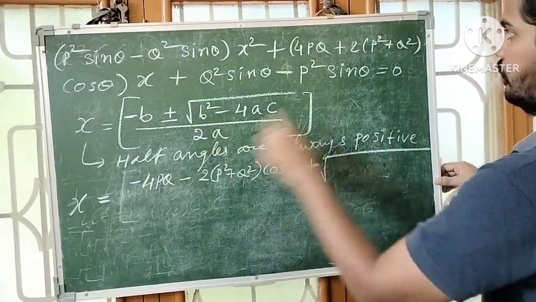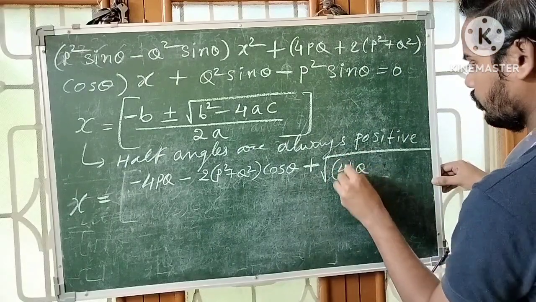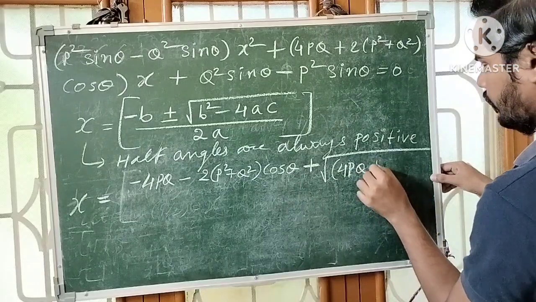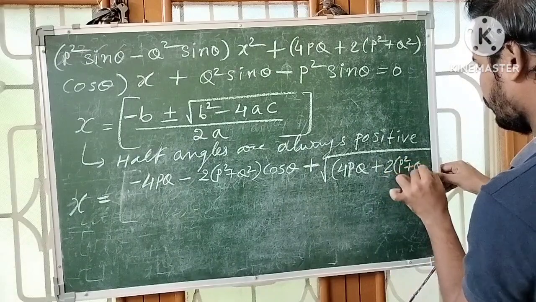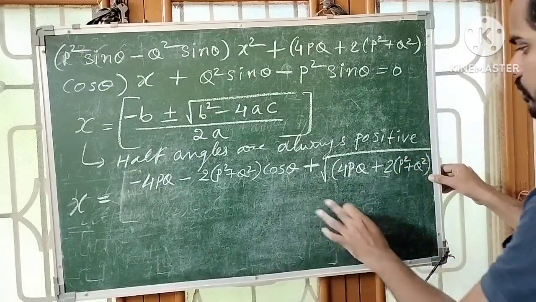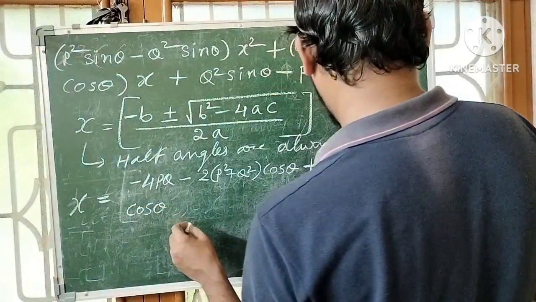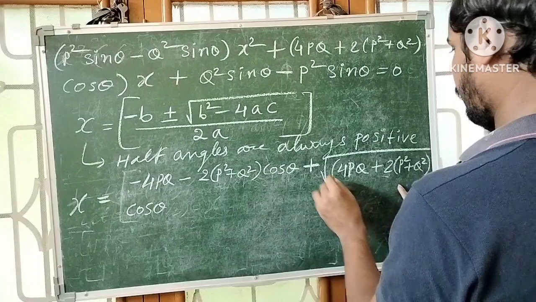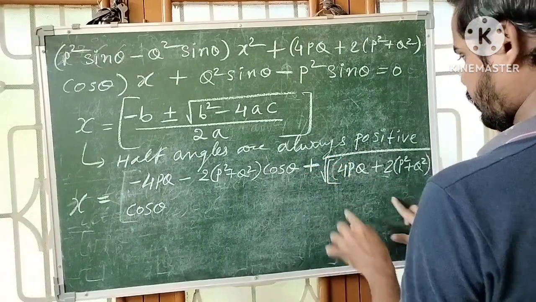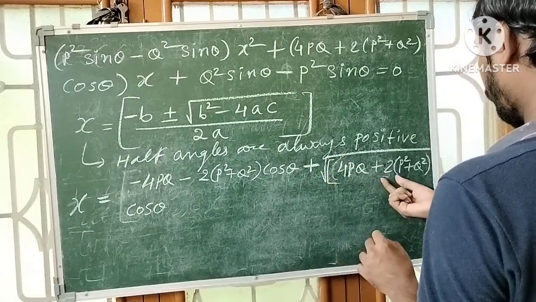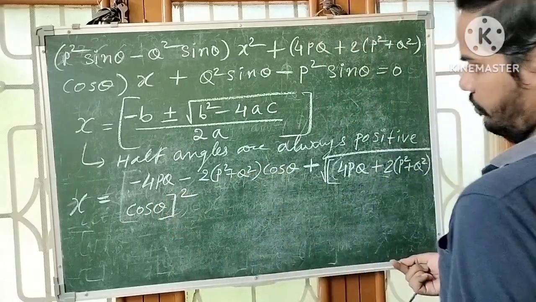Here b means this expression: 4pq plus 2 into p square plus q square into cos theta. I will keep a bracket, so b square is 4pq plus 2 into p square plus q square into cos theta, whole square.